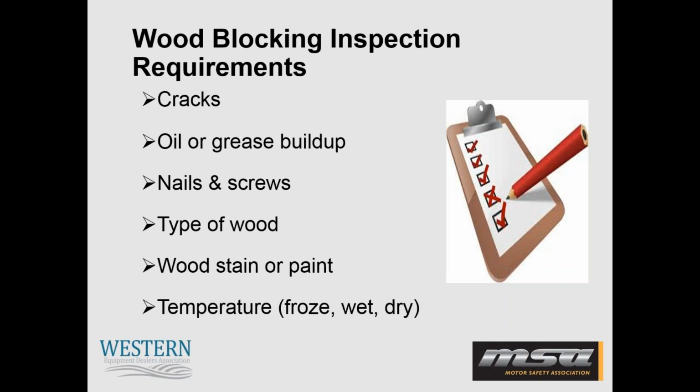If you're unsure, you can always check with the supervisor to confirm the type of wood that is in fact of the hardwood type for your blocking. Ensuring your blocks aren't stained or painted. And the temperature, if they're frozen, if they're overly wet or dry. So those are some things, and I know I mentioned them earlier, and I mentioned them again just for the importance of them when it comes to wood blocking inspection requirements.